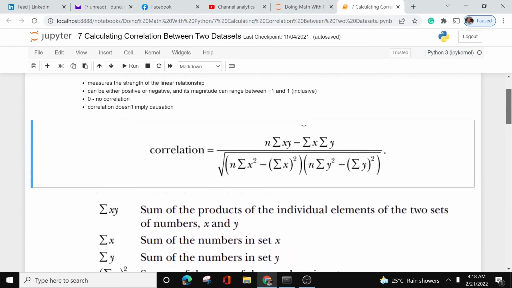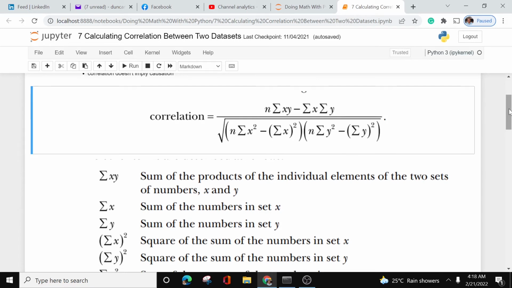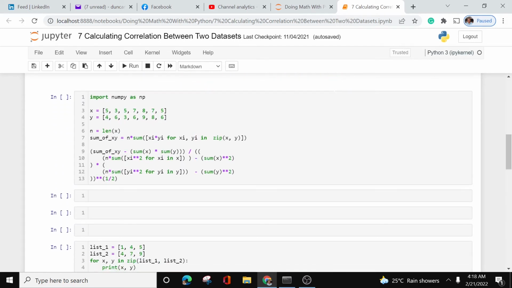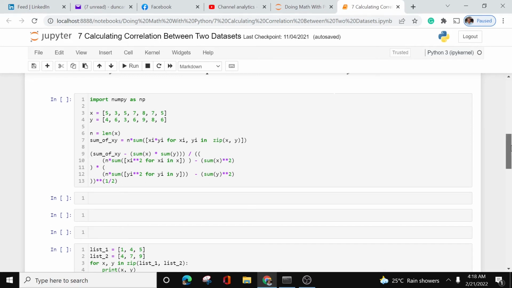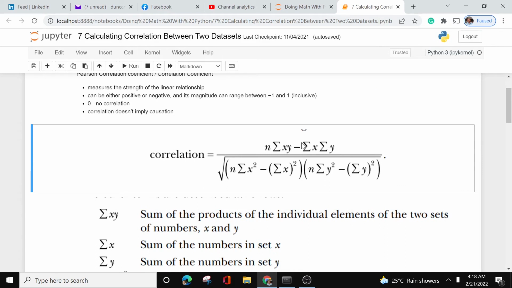That means n, the length of x, or the number of elements in the list x, or even y, or in a data set. Then we have the sum of x_i times y_i for each element in x and y, for example 5, 4, 3, 6, 5, 3, 7, 6, 8, 9, 7, 8, 5, and 6.